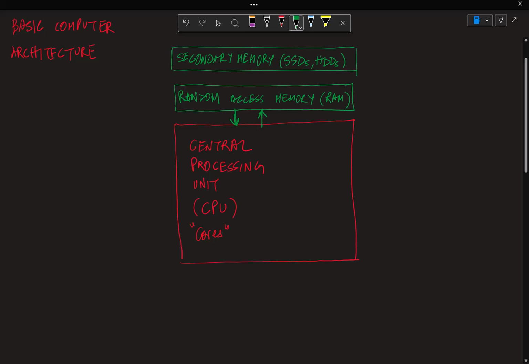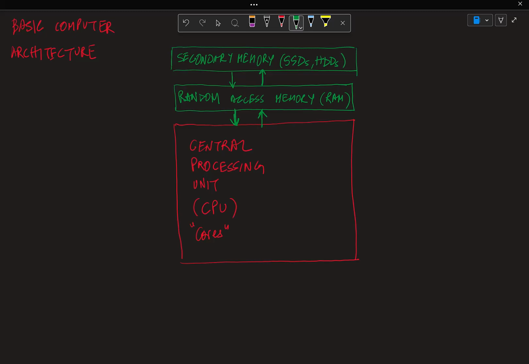And once again, data can flow from secondary memory to the random access memory and then onto the central processing unit, or it can come from central processing unit into the random access memory and then go to the secondary memory.